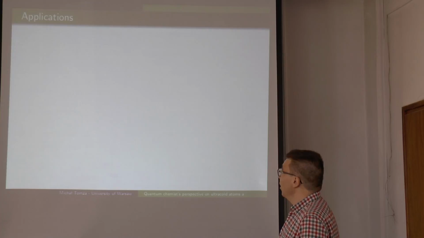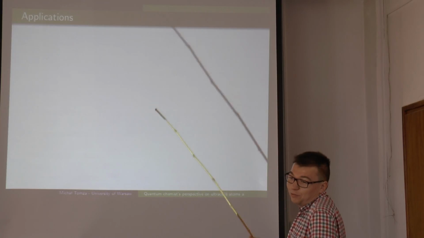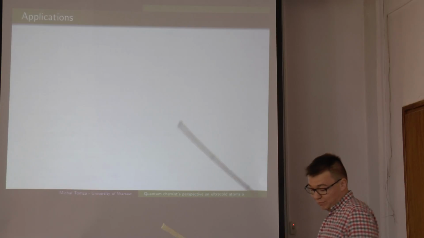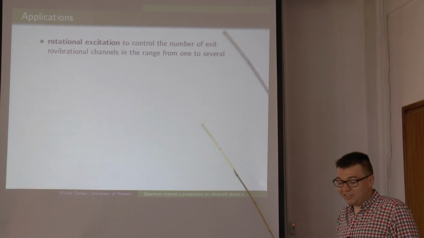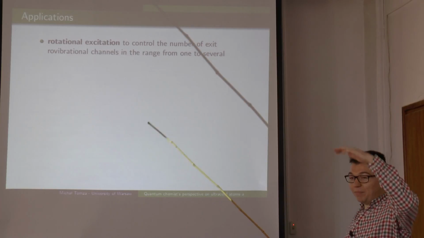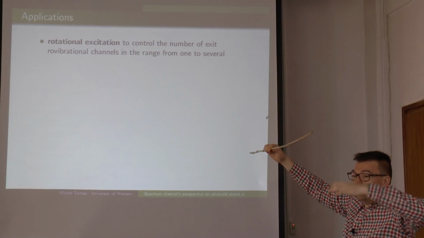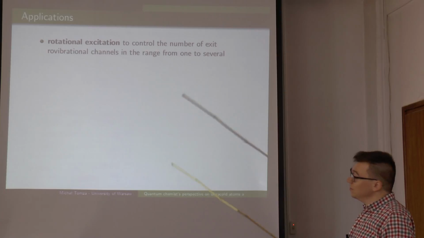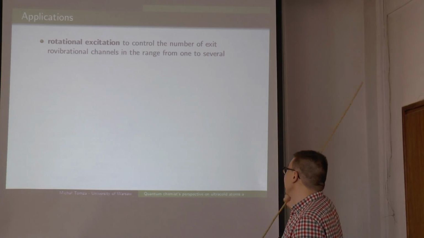So, okay, now how can we combine all this information to get some knowledge about chemical reactions? We can start from rotational excitations of the system to control the number of rotational states, because if we apply some rotational excitation, we add energy to the system, and in this way we can control the number of exit channels, from one to several.